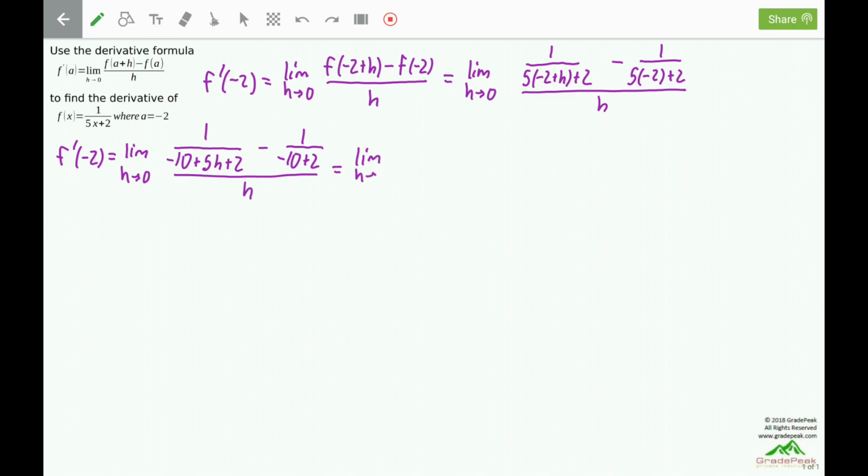So we have limit as h goes to 0 of the first fraction, 1 over, I have a 5h, and I have a negative 10 and a plus 2 that can combine. So that'll be minus 8. The second fraction, a negative 10 and a positive 2 combined to be a negative 8.